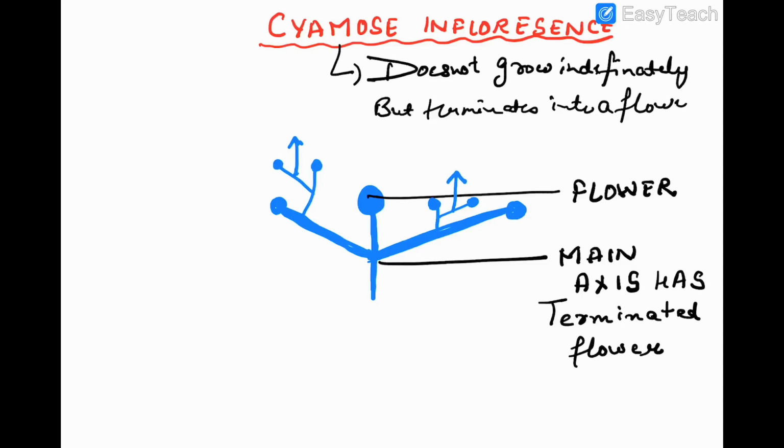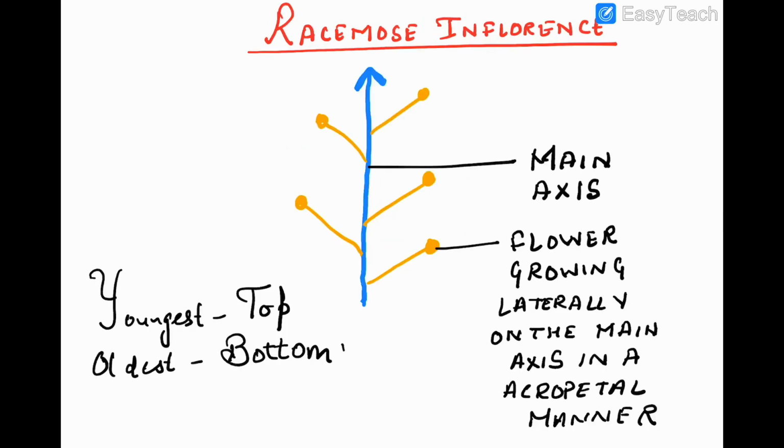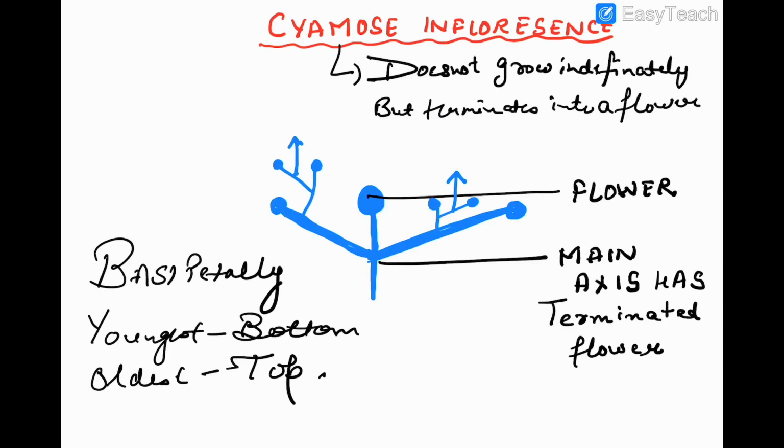And here flowers are born basipetally, meaning the youngest flower would be at the bottom and the oldest would be at the top. So these were two types of inflorescence: racemose inflorescence and cymose inflorescence. In racemose, the main axis continues to grow, whereas in cymose, the main axis terminates into a flower.